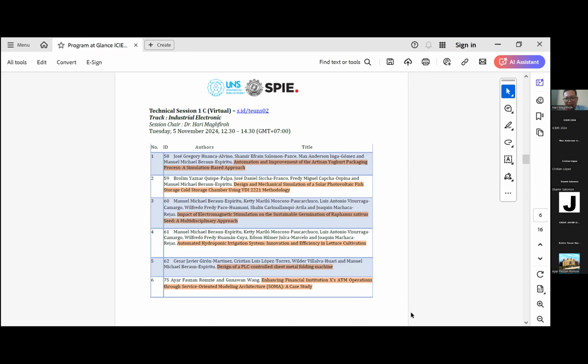Cek panitia. Pakai ini Pak, pakai slide peserta. Oh, pakai slide peserta. Oke, baik.